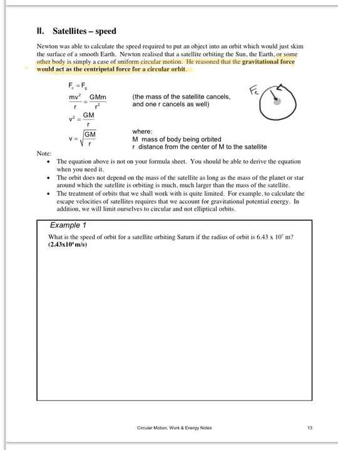Okay, and that centripetal force needs to just be gravity. All right, so centripetal force is equal to gravity in this case. We know that the centripetal force is equal to the mass of whatever's doing the orbiting, times the velocity of that object squared, divided by the radius that it is apart.